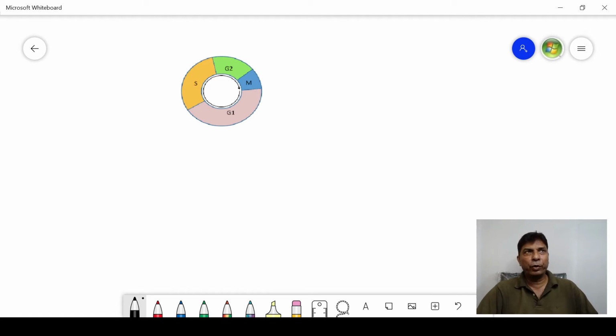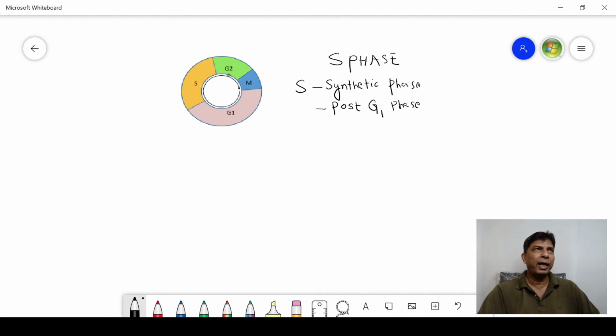Last time I talked about the G1 phase of cell cycle, and today I shall take a tutorial on S phase. S phase is known as synthetic phase. It is also known as post G1 phase because it is happening after G1 phase, and as it is happening before G2 phase, we can also give a name that this is pre G2 phase.